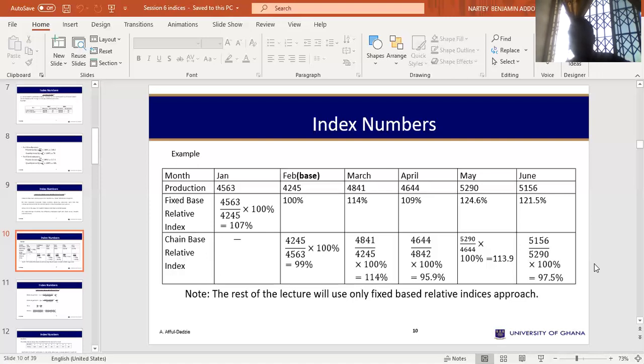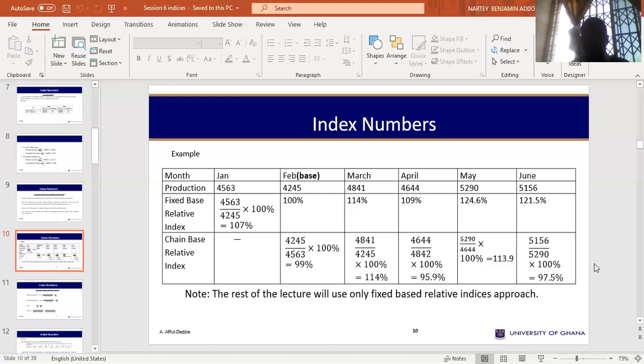When we come to the chain, we are still using February as the base. For January, we couldn't get anything, because we need to relate it to the previous period, which would be December, and we don't have December, so January will be a dash.